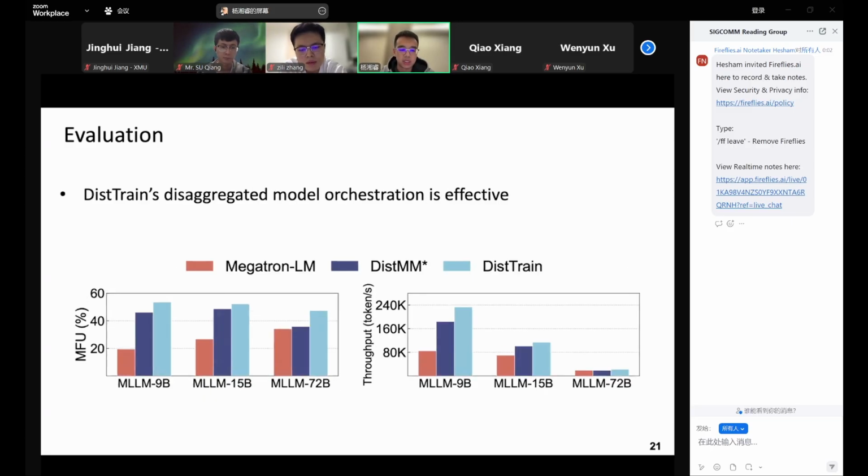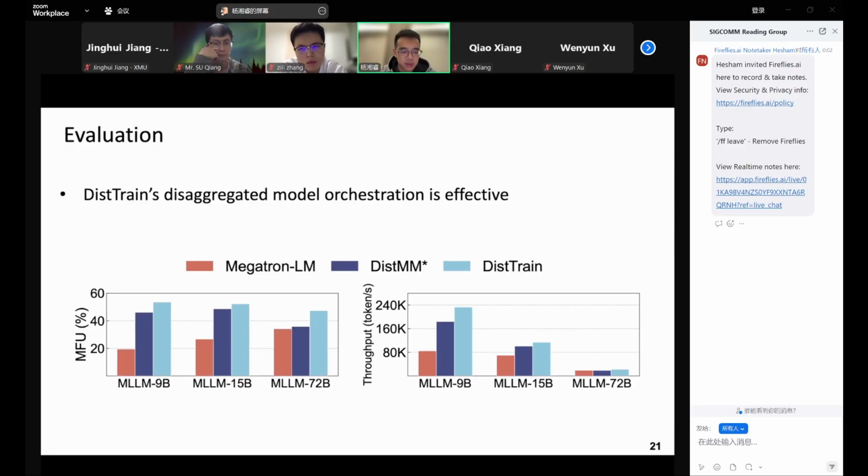For the ablation study, it used 96 GPUs to evaluate the effectiveness of disaggregated model orchestration. It chose Megatron as the first baseline, which represents standard monolithic orchestration, where a single uniform parallelism strategy is applied to the entire model.